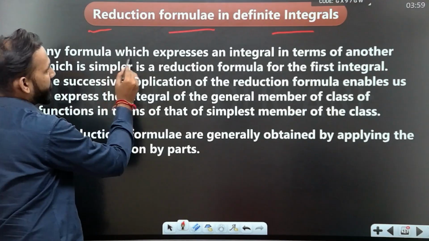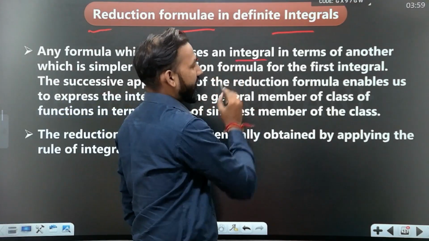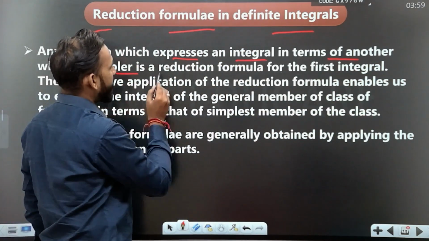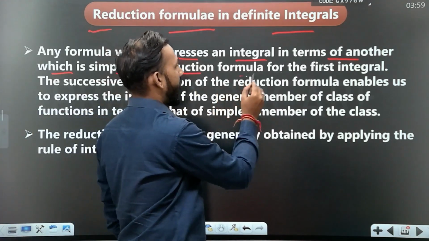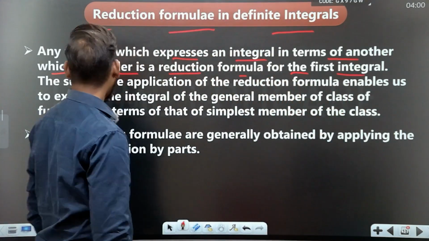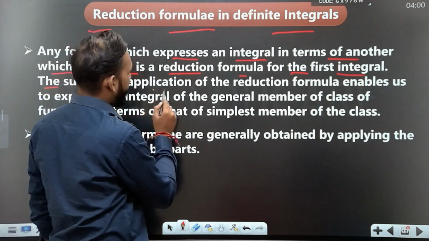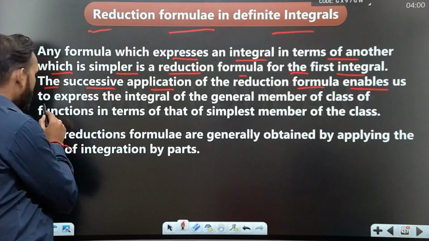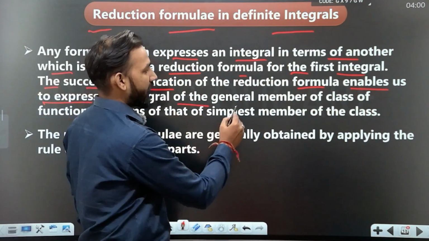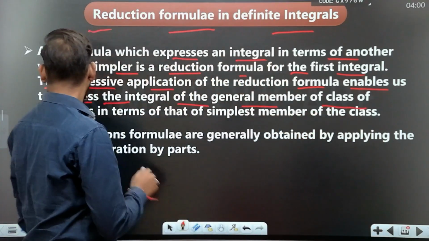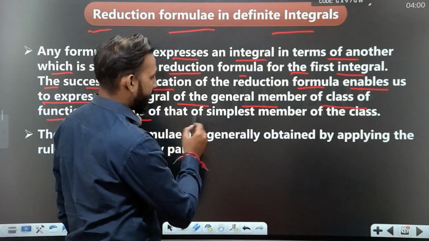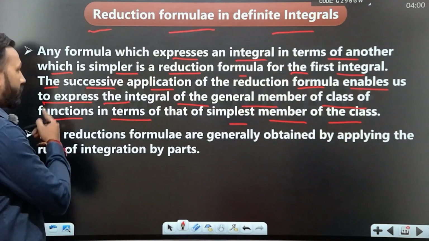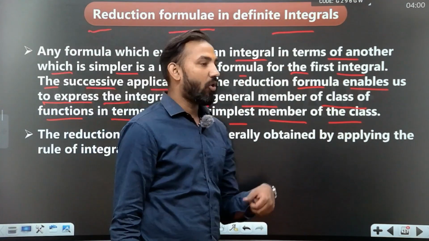Any formula which expresses an integral in terms of another which is simpler is a reduction formula for the first integral, and the successive application of the reduction formula enables us to express the integral of the general member of a class of functions in terms of the simplest member of the class. Now what does it mean? What is the reduction formula?